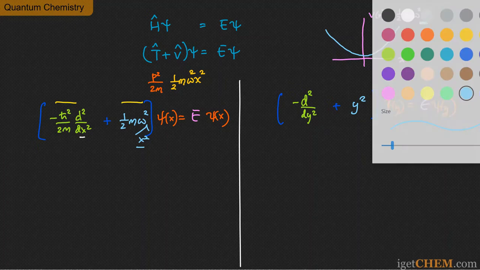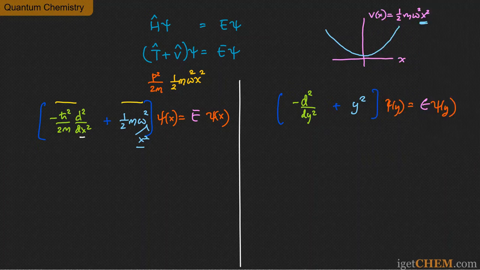So right here, the transformation of coordinates is x goes to y times L. And L is just some length scale that you have to choose appropriately.